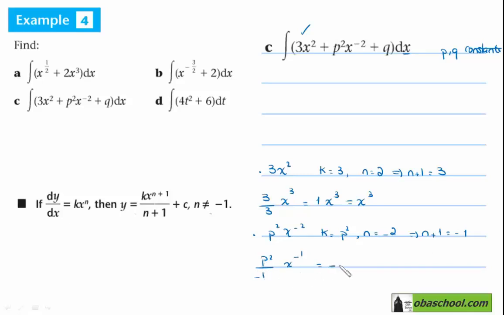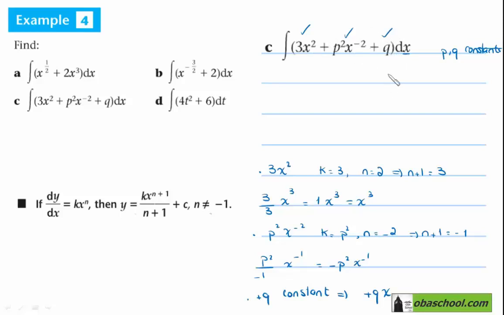This is equal to minus p squared x to the power minus 1. Now, let's go to the last term, that is q. q is a constant, and the integration of any constant is the constant itself multiplied by the variable that is x. Then we have dx, it means the variable is x. The third integration is qx.